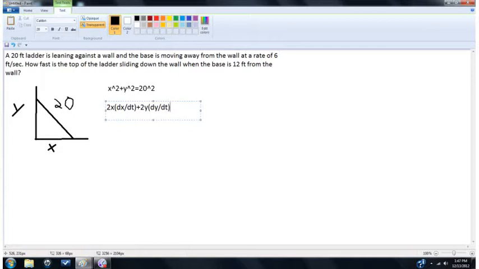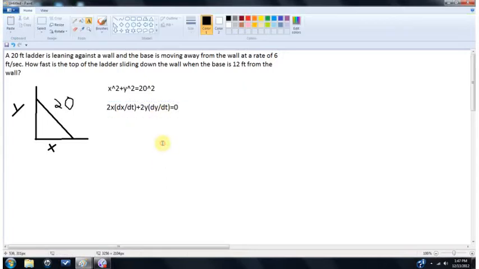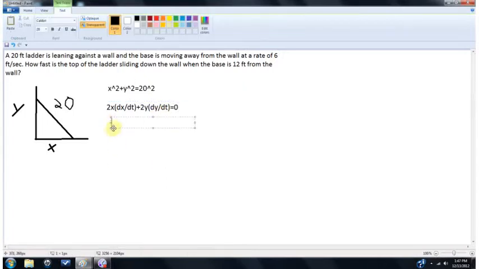And since our ladder stays at 20 feet, we're going to set the derivative equal to 0 because 20 feet is our constant. Next, we plug in all our numbers into the Pythagorean theorem.